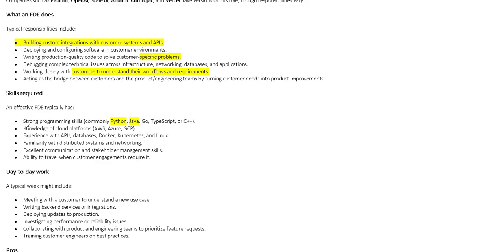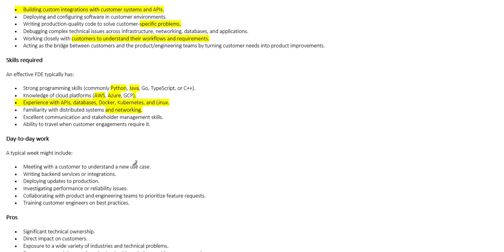Knowledge of multi-cloud, AWS, Azure, and GCP. And also OpenShift, containers, Docker and Kubernetes. We need experience in all of these for deployment purposes, and also familiarity with distributed systems and networking.